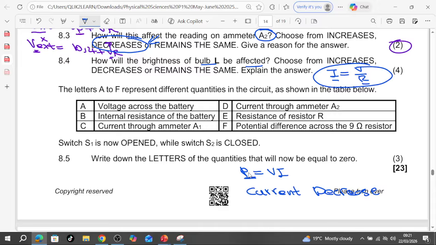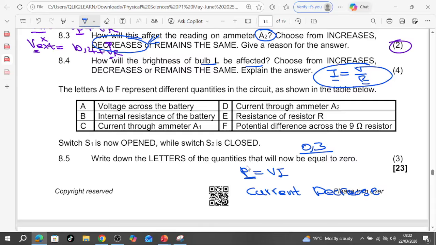This tells us that the internal resistance has an effect. The battery has an internal resistance of 0.3, if you still remember that. So when the current decreases, we're going to have what we call V lost. The voltage lost inside the battery will decrease, so the terminal voltage will increase. Let me try to explain this properly, because I know that someone out there really needs these 2 marks.